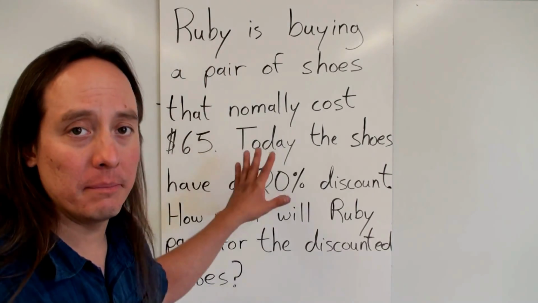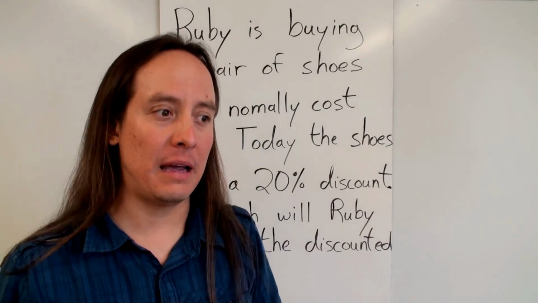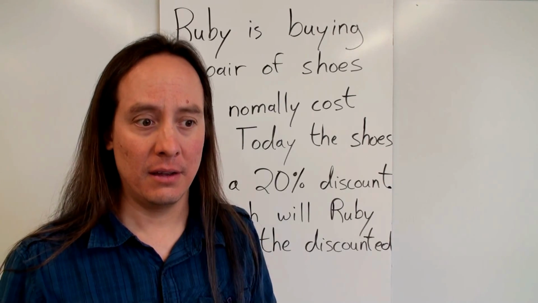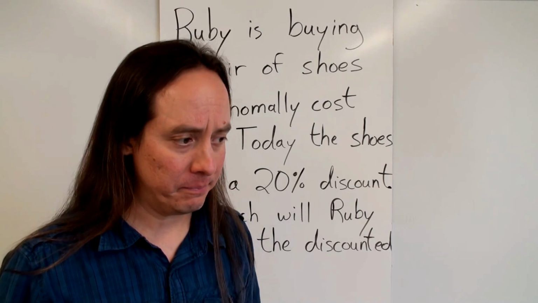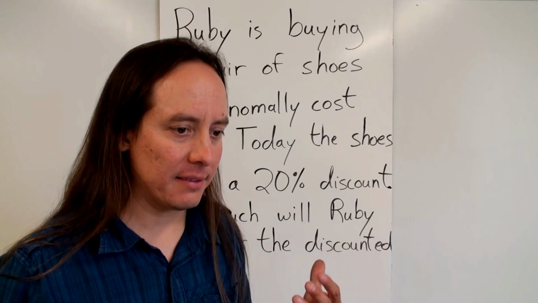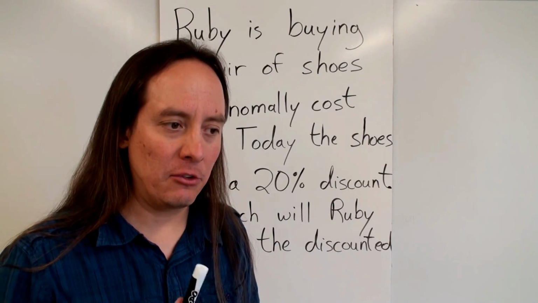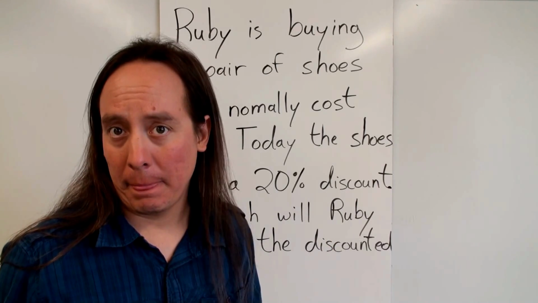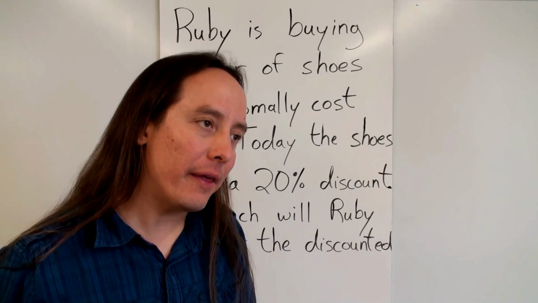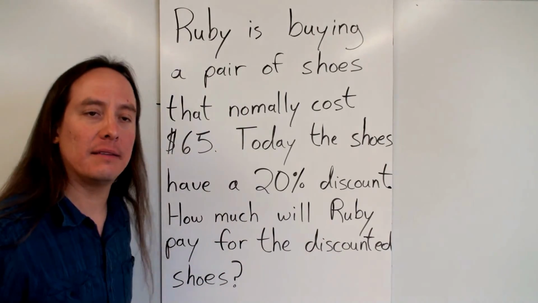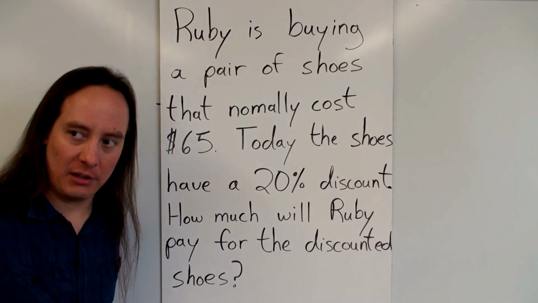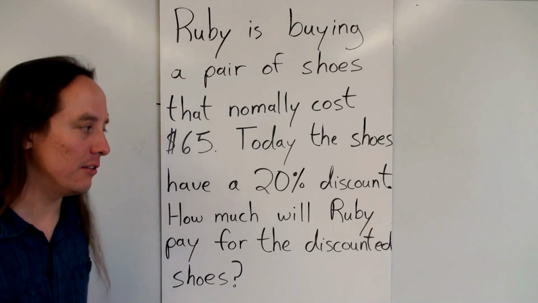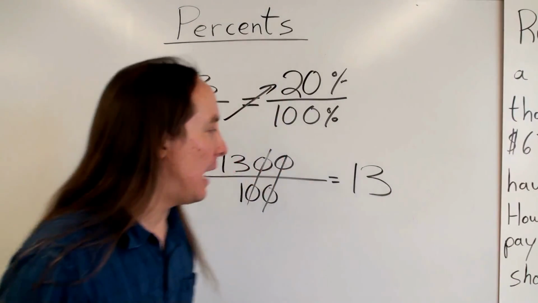This kind of problem has at least two different ways of asking the question. They could ask, how much money will she save? $13. Or they can ask what this one's asking, and that's how much will she pay after they take off the $13.